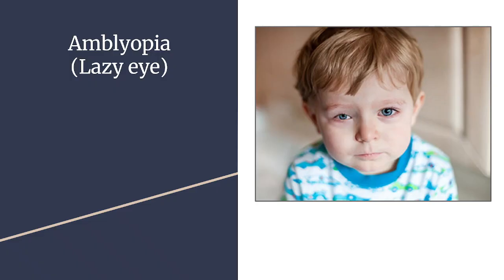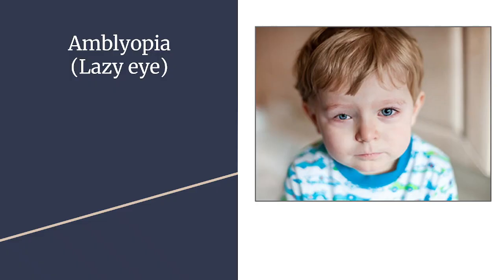The problem is caused by either no transmission or poor transmission of the visual image to the brain for a sustained period of dysfunction or during early childhood. Amblyopia normally only affects one eye, but it is possible to be amblyopic in both eyes if both are similarly deprived of a good, clear visual image.